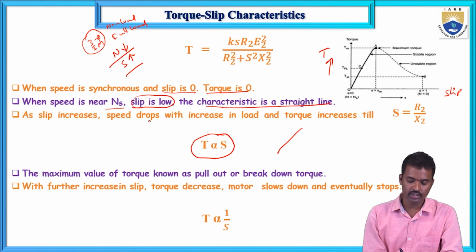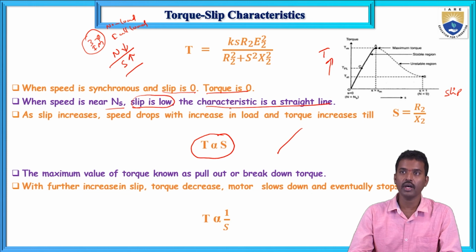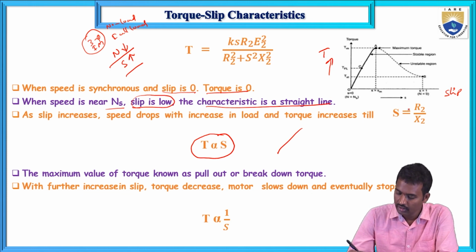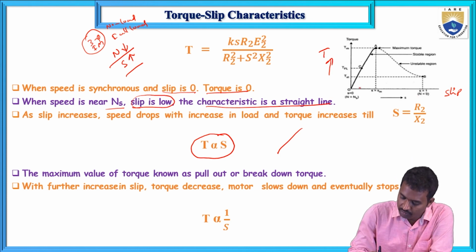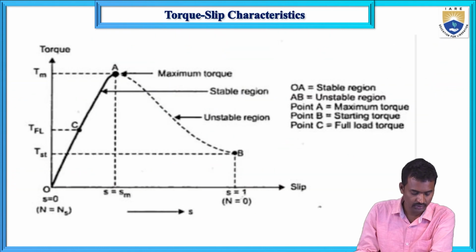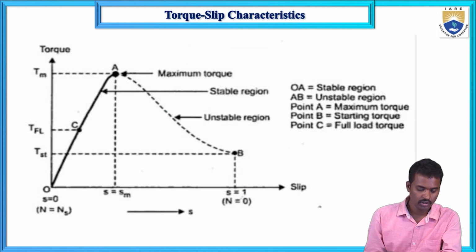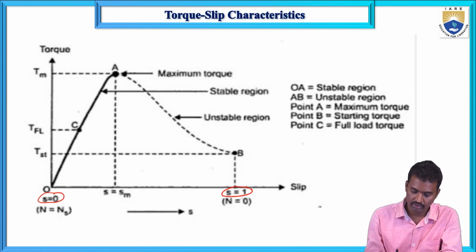As slip increases, the speed drops with increase in the load and torque increases till the R2 by X2 slip value. Now see this diagram first. The first slip value is 0 and the last slip value is 1.